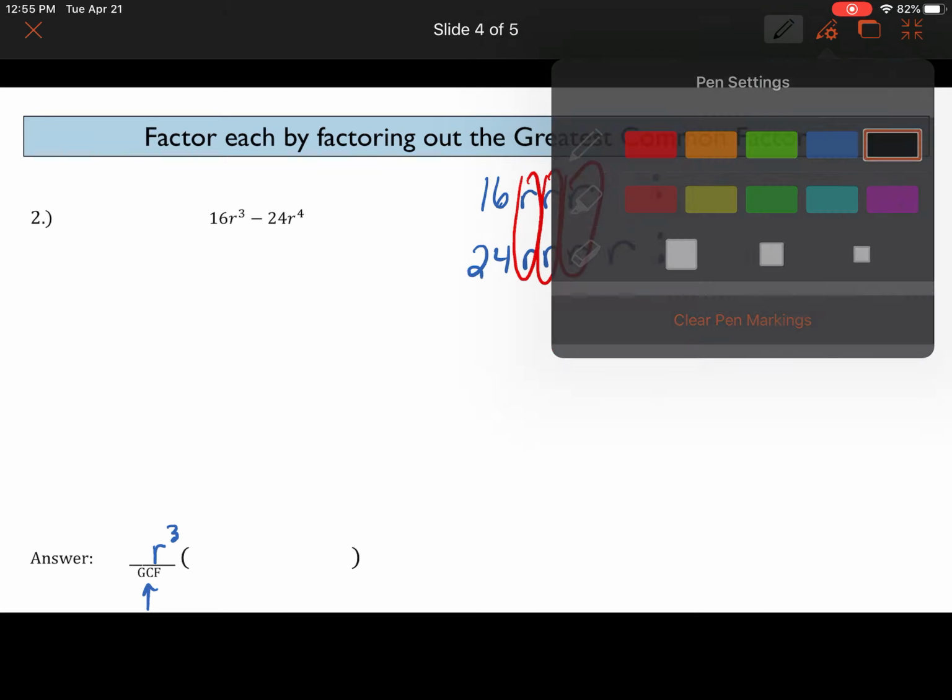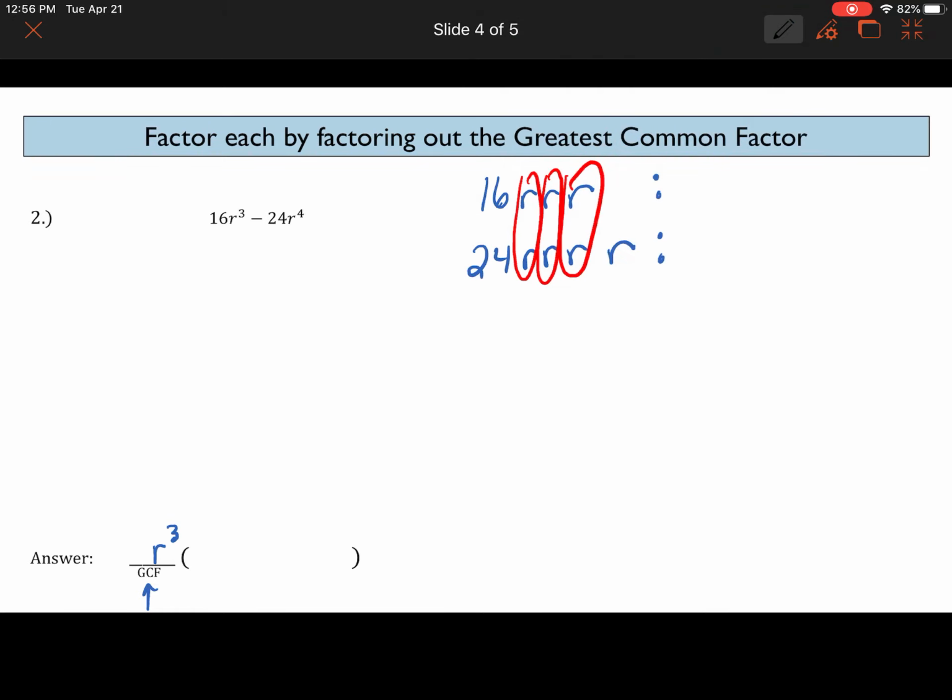Now I do my numbers. Okay, the factors of 16. Again, you can use GeoGebra. I'm going to write them out though. I have 1, 2, 4, 8, and 16. Okay, the factors of 24. You know that 1 times 24 is 24, 2 times 12 is 24, 3 times 8 is 24, and 4 times 6 is 24.